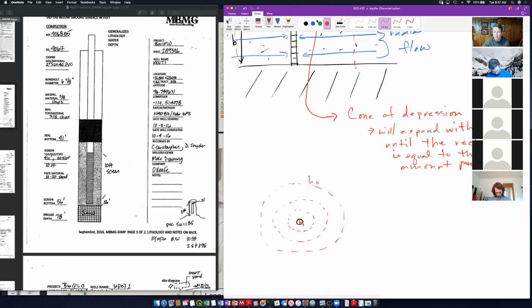And I'm going to draw a flow net here. I've got radial flow, so orthogonal into my well here.